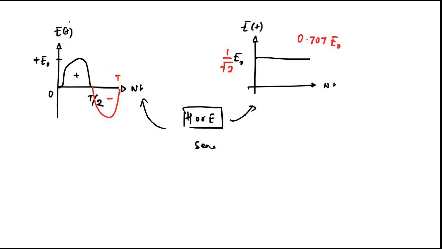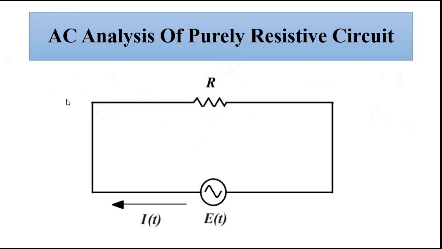So here if we substitute this with plus I0 and this with minus I0, that will be 1 by root 2 times the peak amplitude of the alternating current, or 0.707 times the amplitude of the alternating current. So that is RMS value and average value.